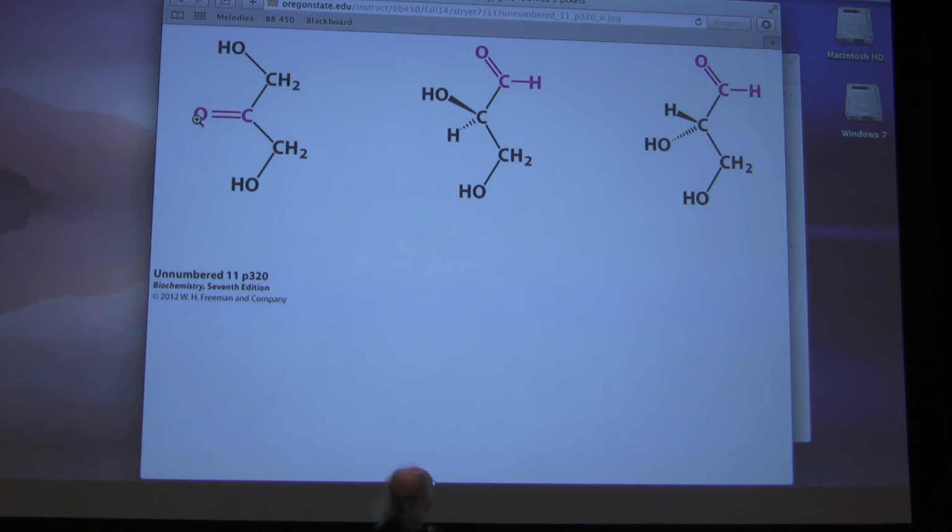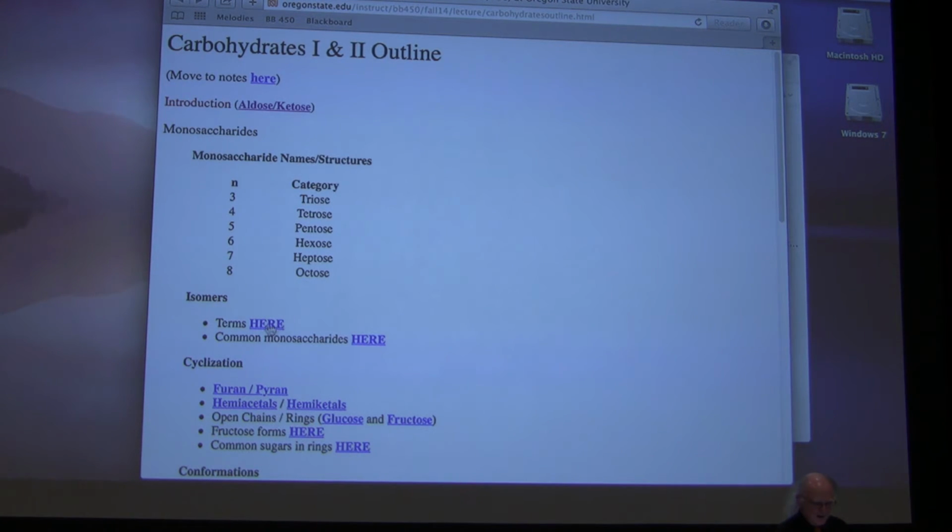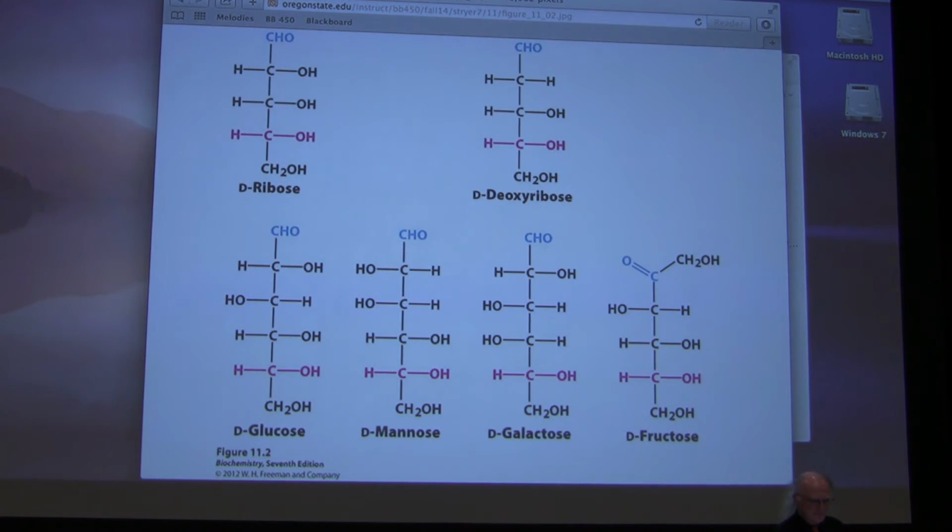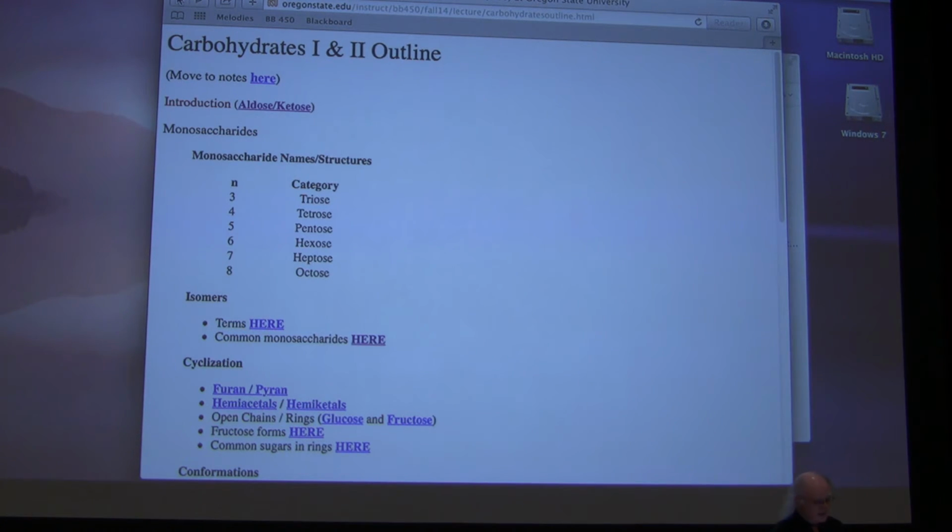It's not pyruvate. This is, come on, Kevin. Well, it's not going to matter what its name is at the moment because I'm drawing a complete blank. In any event, it's not acetaldehyde. Dihydroxyacetone. Thank you. All right.